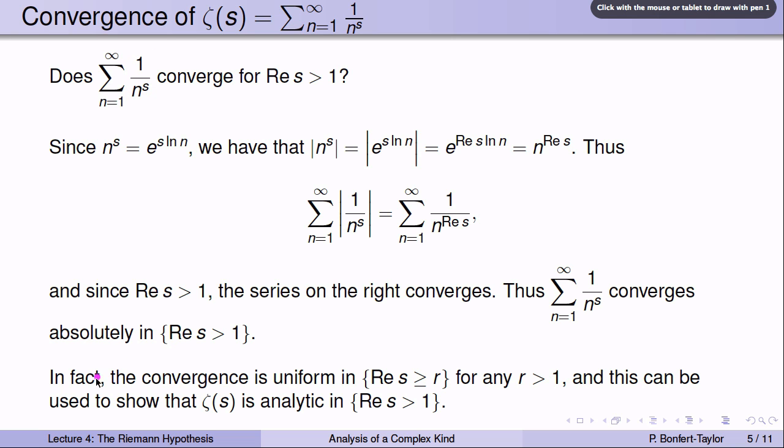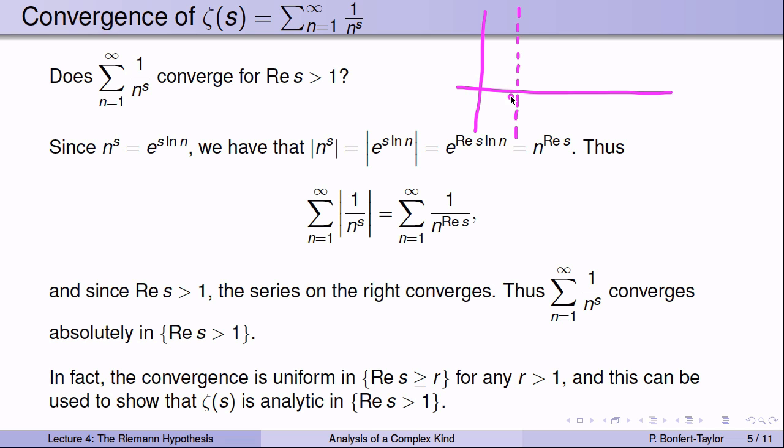In fact, one can show that the convergence is uniform, so equally fast, in portions of the plane where the real part is strictly bigger than 1. So here's 1. If you choose an r that is strictly bigger than 1, then the convergence is going to be uniform in the half-plane that starts at real part equals r.